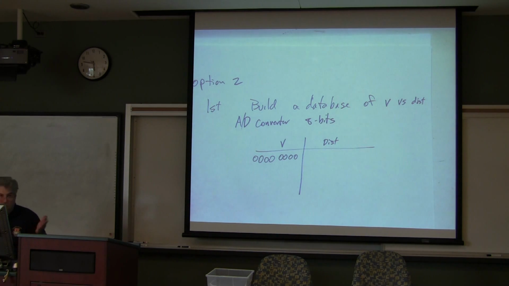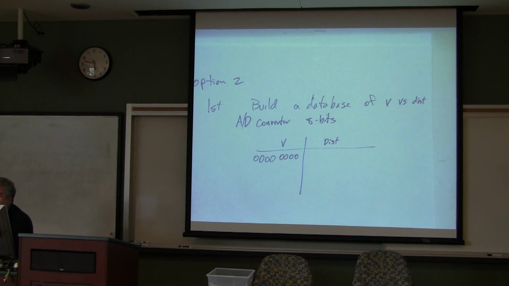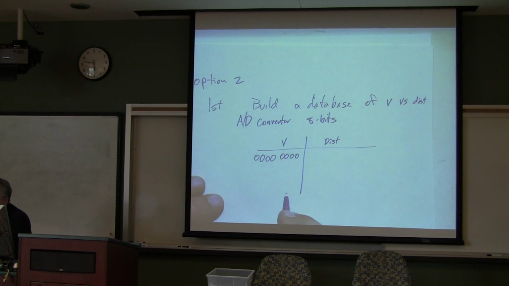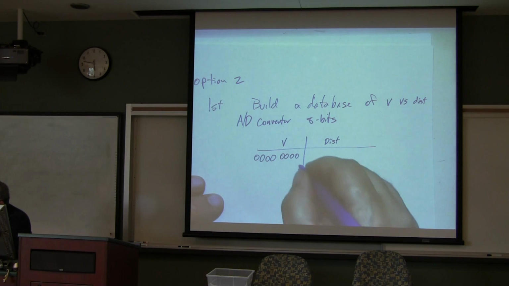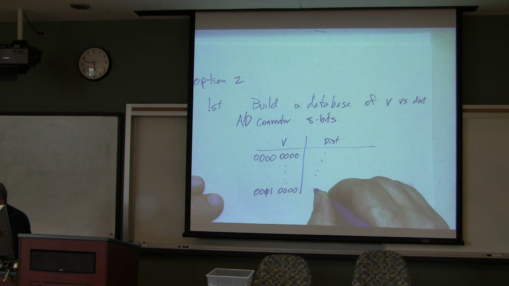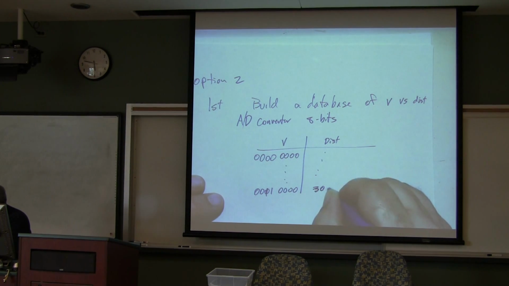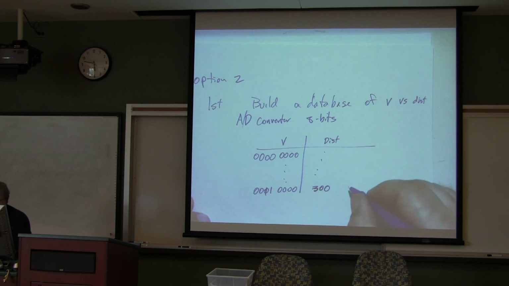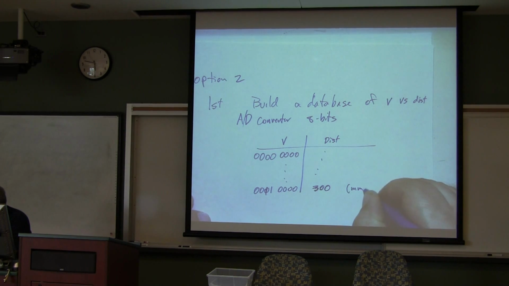Or we can actually ignore a lot of the stuff. We said the maximum was going to be 2.5, or the minimum was going to be 0.4, so somewhere along here you're going to say something like 00010000, and you expect the distance of this to be, actually we'll say, 300 millimeters.